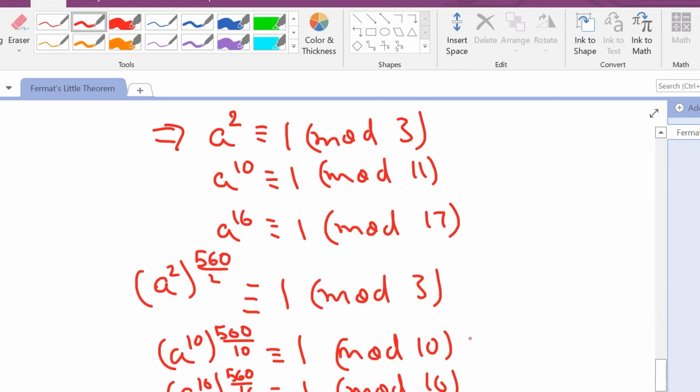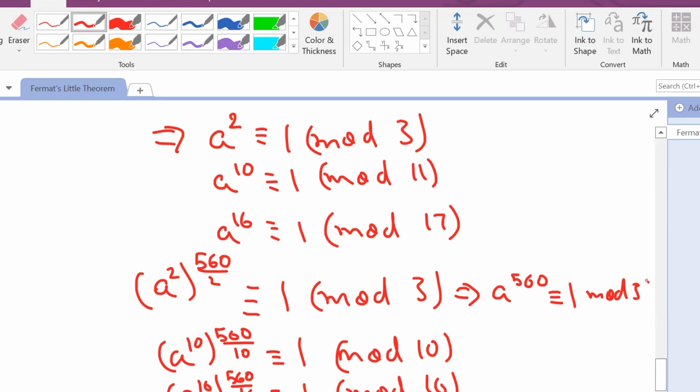Now, this is a very similar argument, right? This is the same as saying that a to the 560 is congruent to 1 mod 3, and similarly for the others, of course. But what are the GCDs of all these three prime numbers? They're distinct primes, so it is always 1, right? Because the GCD is 1, we have that a to the 560 is congruent to 1 mod 33.